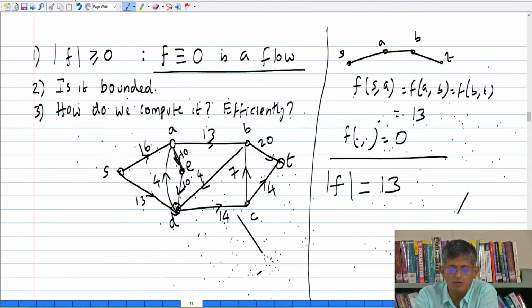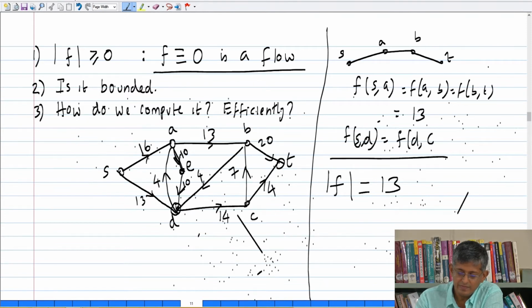I want a larger flow, in which case you will modify the flow now. So let us now do this, right? So SD, right, f of s comma d is equal to f of d comma c is equal to f of c comma t, and what would it be? 4, right? Fine.